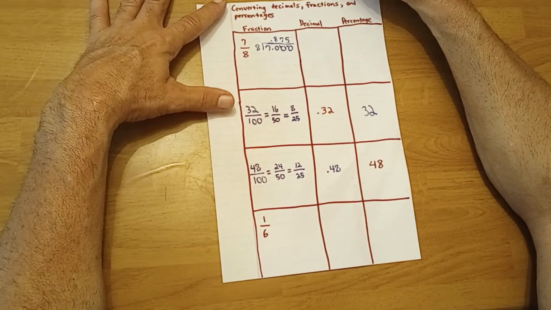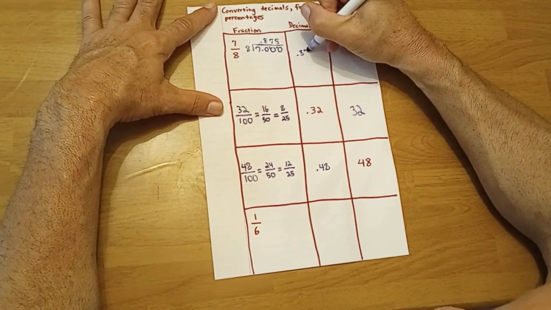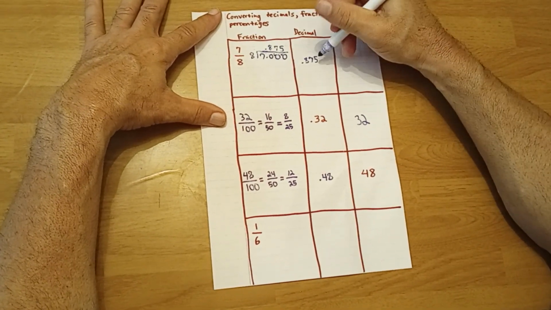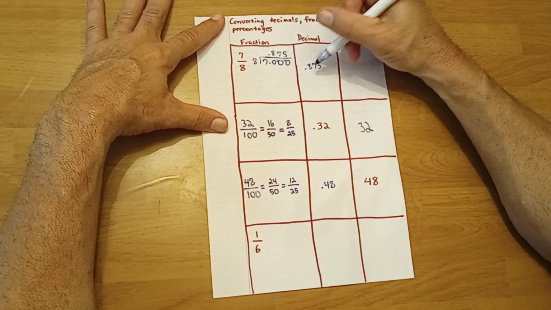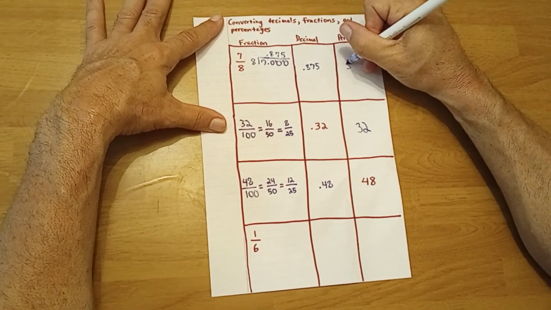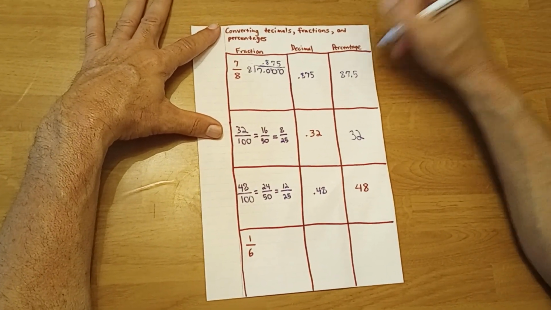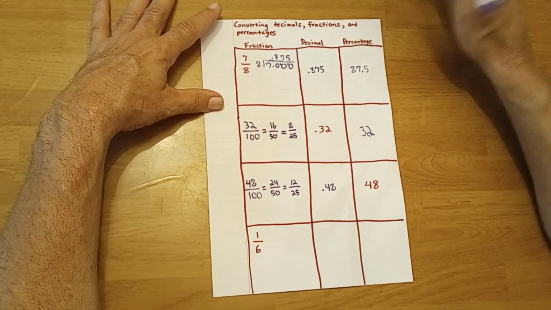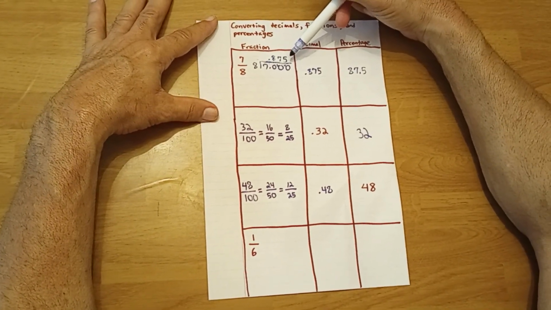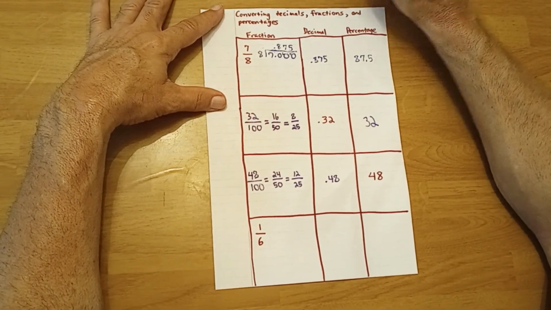Therefore, 0.875 is the decimal equivalent of 7/8. Now, if we want to get that percentage, we simply, again, move that decimal point over 2 places to the right, and we get 87.5%, okay? If you didn't remember my shortcut to long division, see the video I made on how to do long division quickly and easily as we did here.